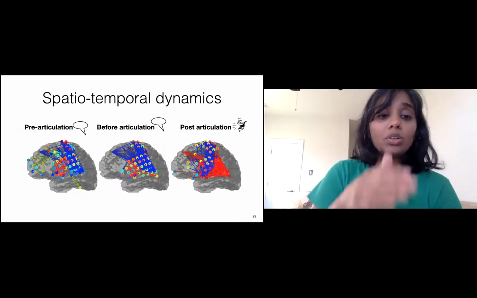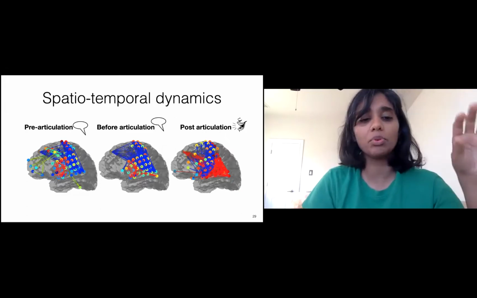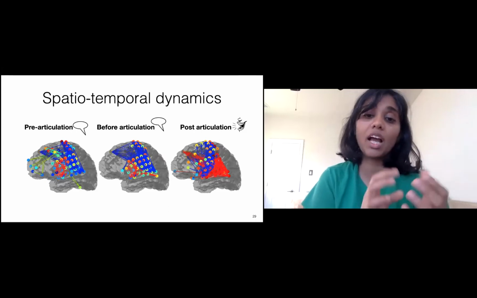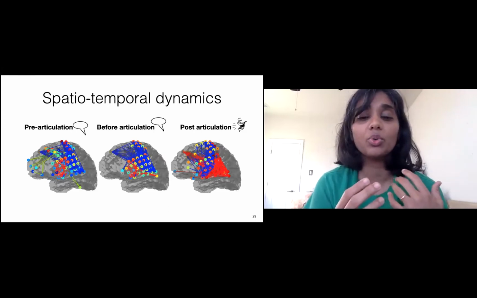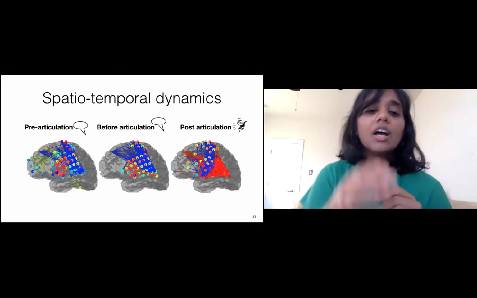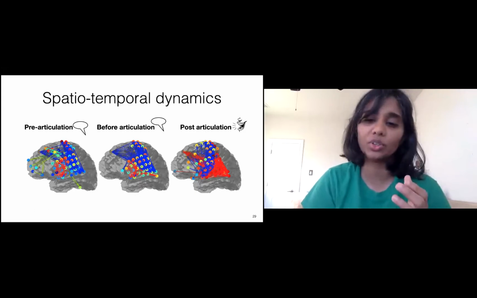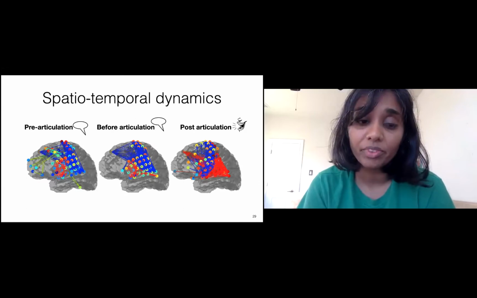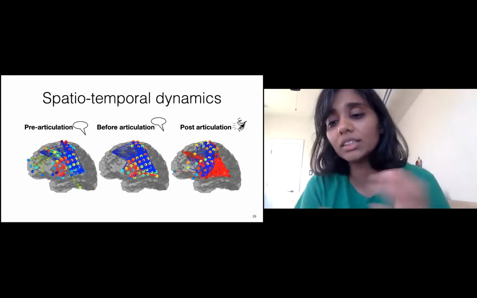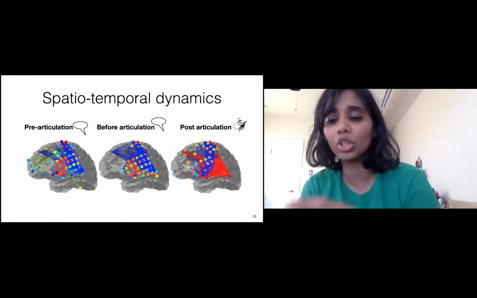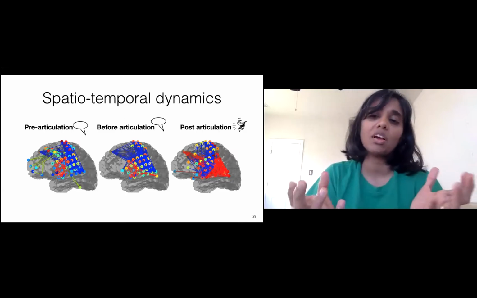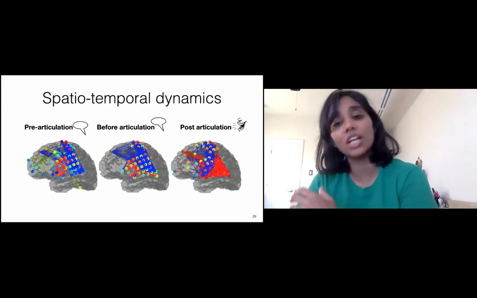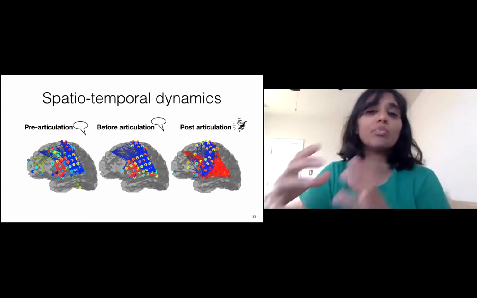The blue cluster is pretty much frontal temporal, some of the frontal regions, which are known to have some relation to figuring out articulation, and a whole bunch of motor and auditory cortex. After articulation, the red cluster is now a lot more on the auditory cortex, which shows that you can actually see these different graphs smoothly change, showing these brain dynamics.